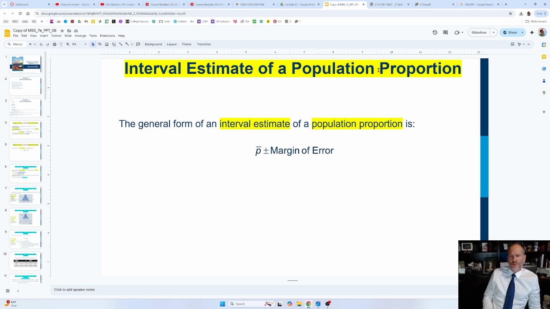So like 32 out of 100 people like chocolate ice cream, or 74 out of 100 people like to ski, or 88 out of 100 people are satisfied with their customer service experience. But you could also think of proportions as any number out of a larger number, right?